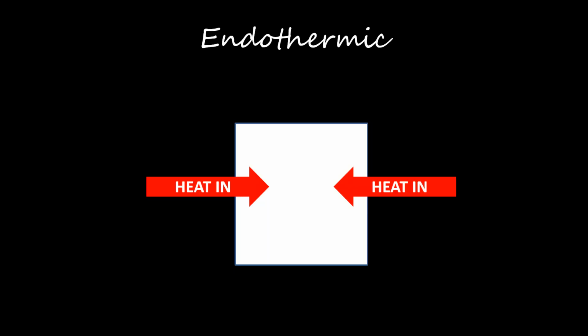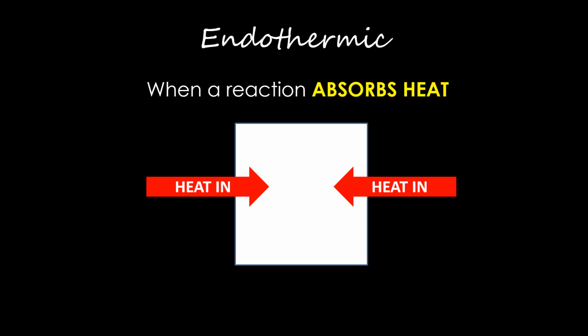Okay, continuing on. So we have two terms that we use to describe heat flow. The first one is endothermic. Endothermic is when a reaction or a physical system absorbs heat. So heat is going into your system or substance, okay? Heat is going in, endothermic, okay? Endothermic, going in. Now, how would that feel to us?